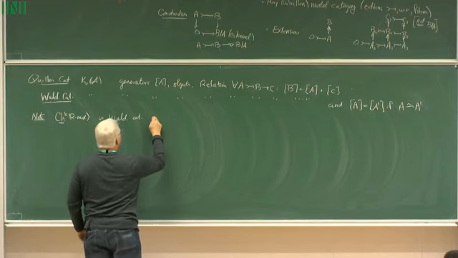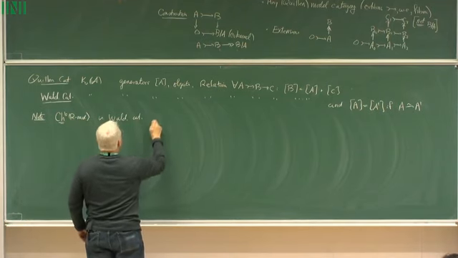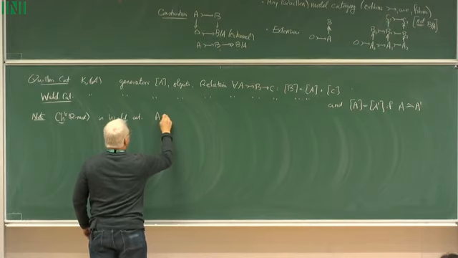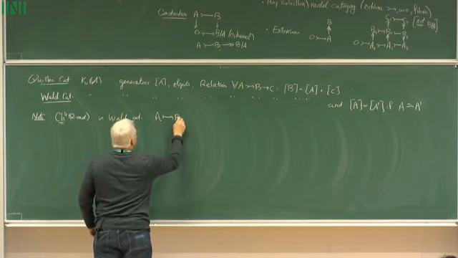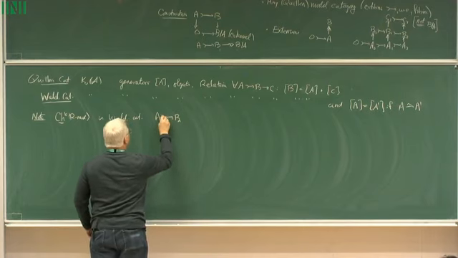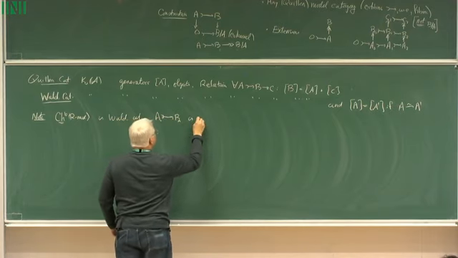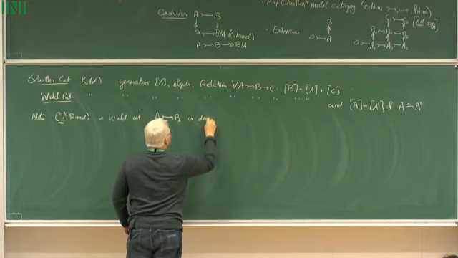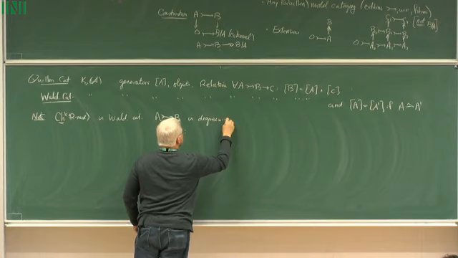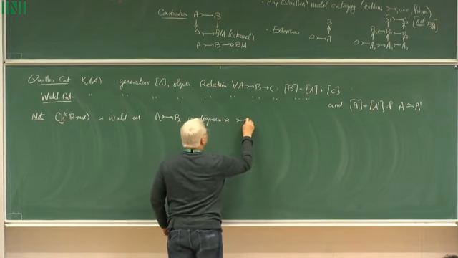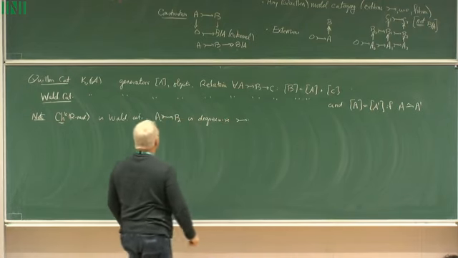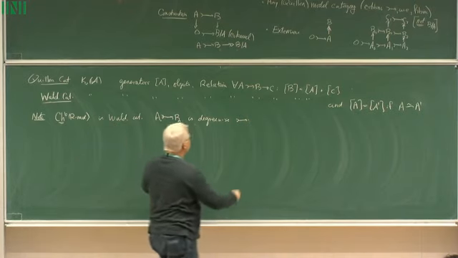And so I can say that the inclusion of one chain complex into the next is degree-wise weak equivalence. I mean, degree-wise cofibration.